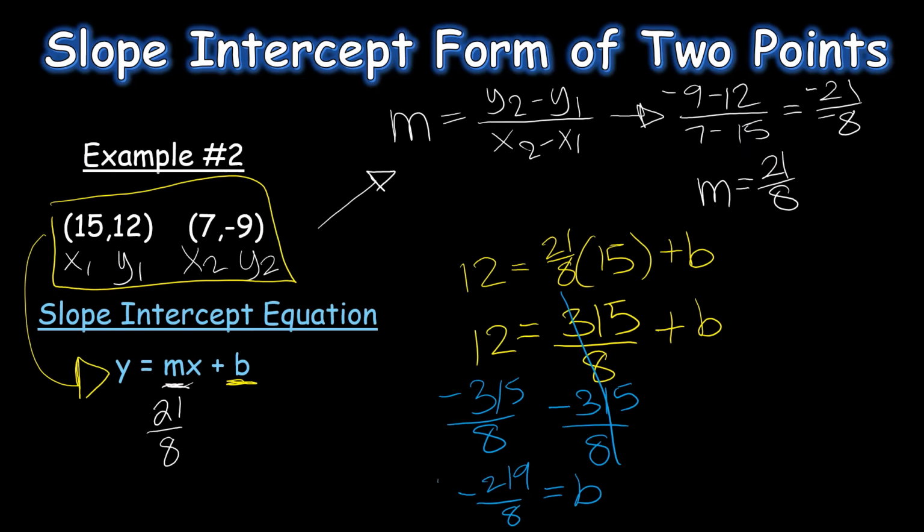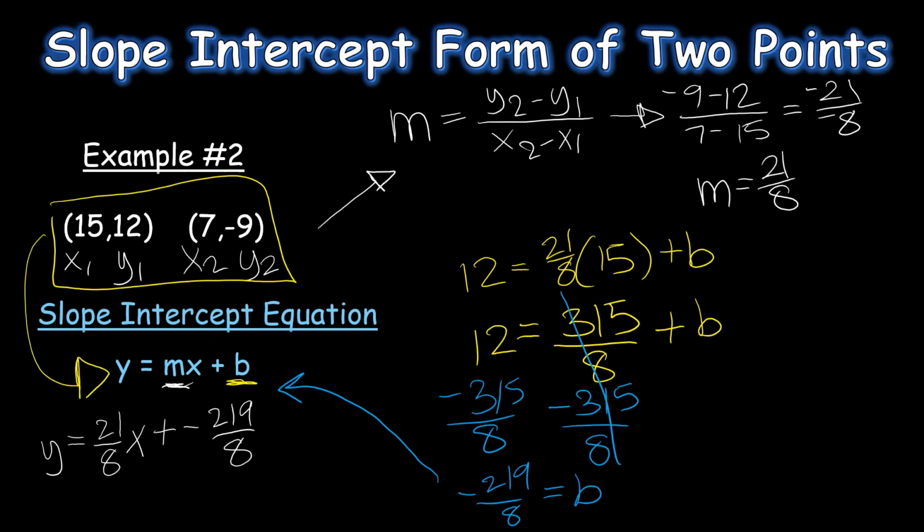So now we just have to plug that into our slope-intercept equation to get y equals 21 over 8x plus negative 219 over 8.